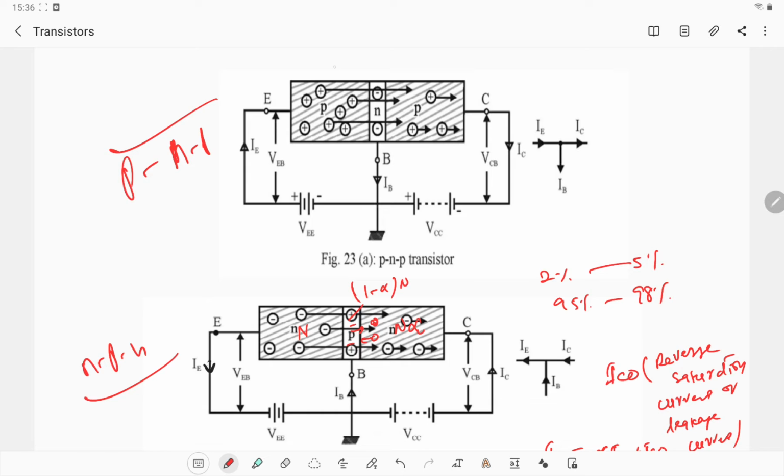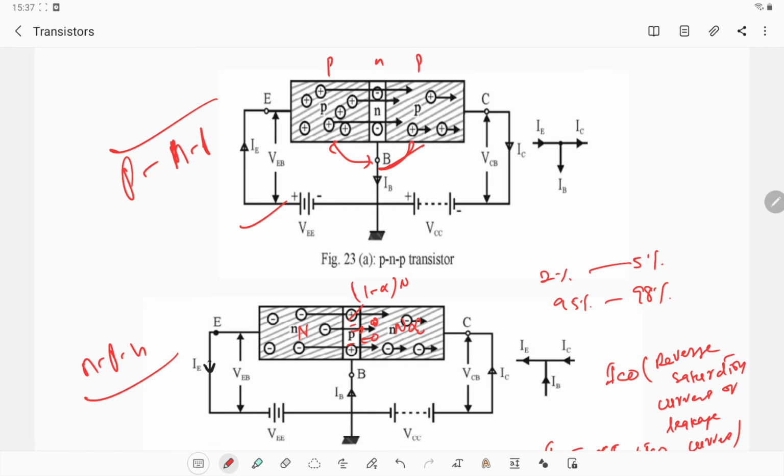Here in this PNP transistor, this is the emitter and this one is the base. This is the input junction and these two are the output junction. Therefore, the emitter base junction is connected in forward bias. Here P is connected to plus and N is connected to negative. And the base and collector junctions are connected in reverse bias. Therefore, this is in active mode.